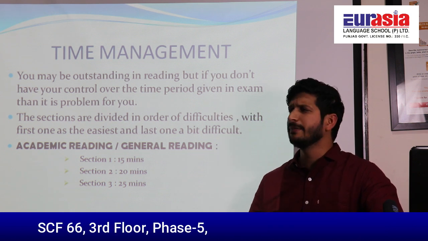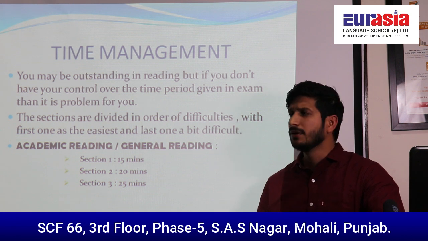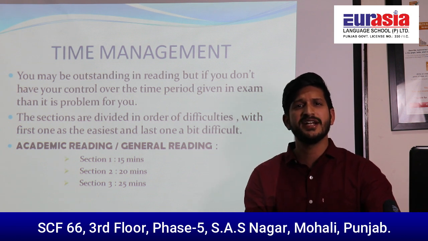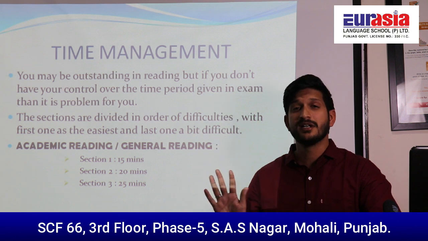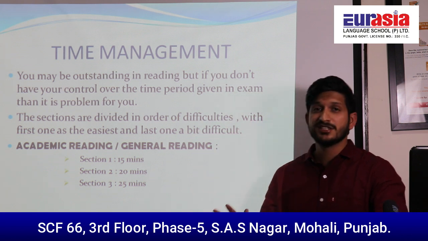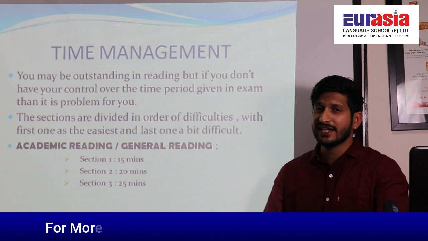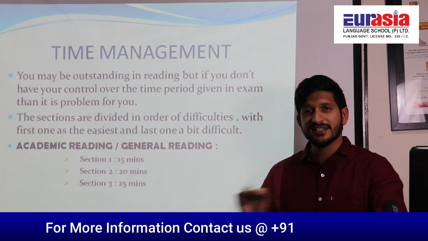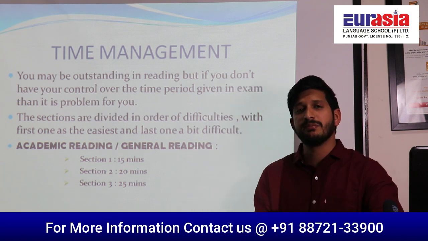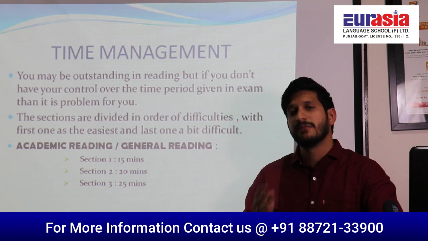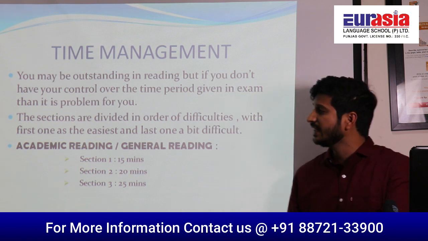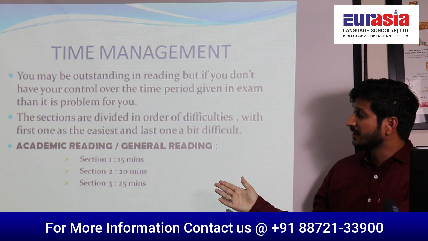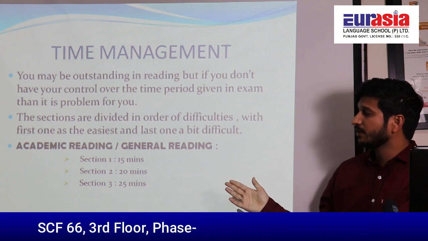It depends from person to person. Many times I find section 2 very difficult, but the general layout of IELTS reading is such that the 4 sections are divided in the range of difficulty, the first one being the easiest and the last one a bit difficult, but it all depends on how you see it. This is the general timing I would like to point out.